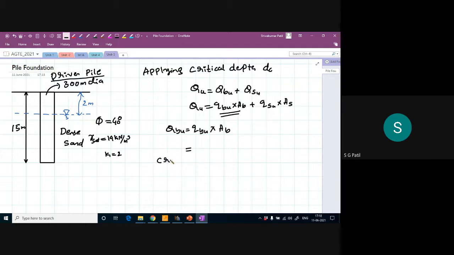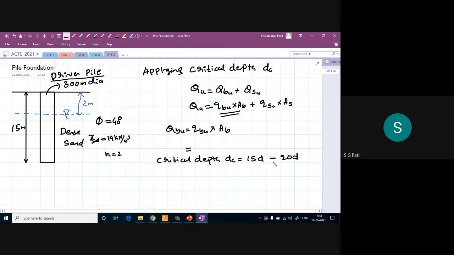That is DC. So how can you calculate the critical depth? Critical depth DC is equal to 15 times the diameter, or 20 times the diameter. If the phi value is less than 30 degree, then you can take 15 times.